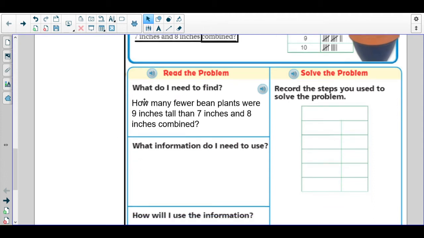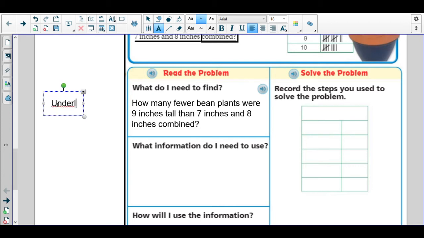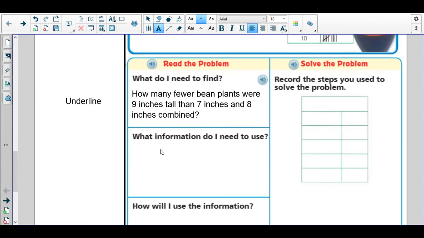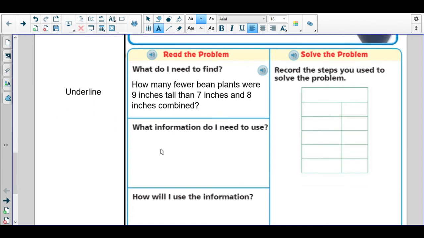So what do we need to find? This is the underline part of the CUBES method. What information do I need to use? Well, this is like the circle in CUBES. We're going to circle all of the numbers. So what do I need to use?